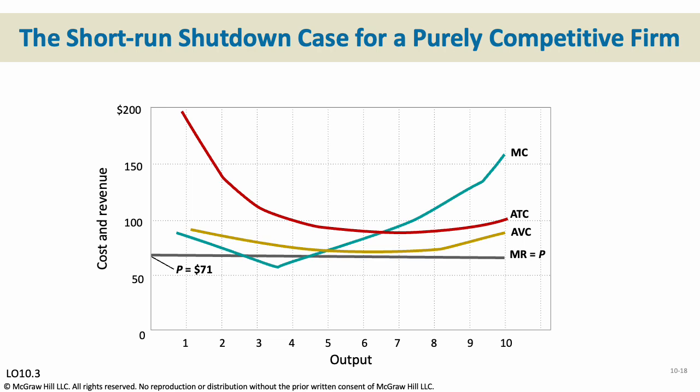So marginal revenue equals marginal cost at an output level of 5, and that's quantity 5. And the firm here would shut down because this is going to be the minimum possible loss, just eating your fixed cost.